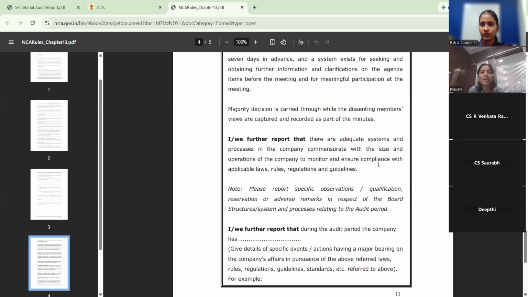So first, applicability for general laws, this is the coverage we have to see. Based on the operations, whether the company is following the processes or not, whether the company has a proper mechanism in place or not, is what we have to check. I will give you an example which happens in bigger companies: they will have department heads, or they will outsource verification to an internal auditor team or external law experts.